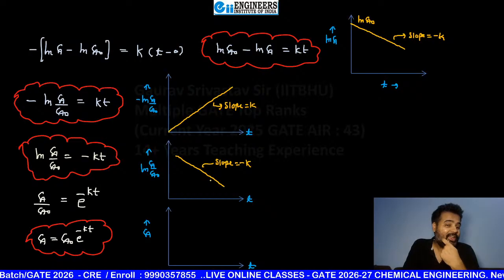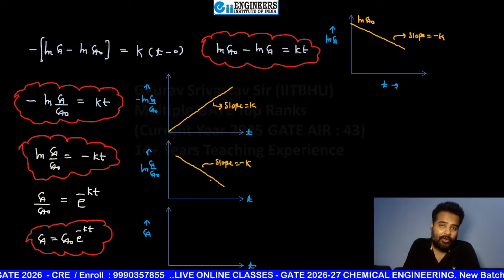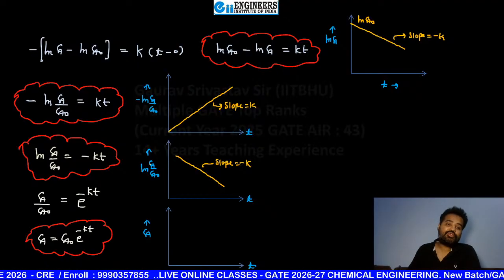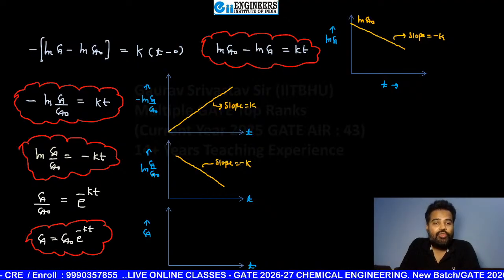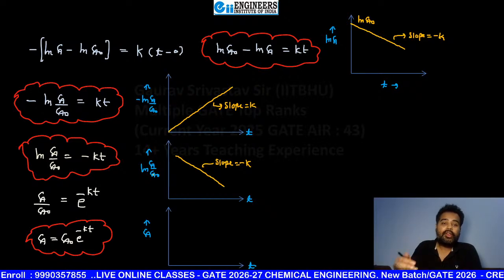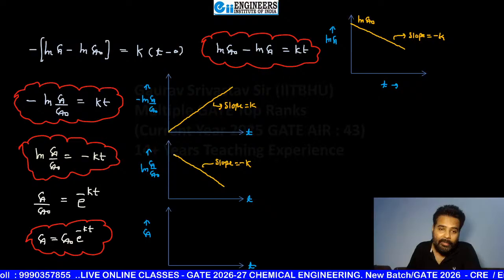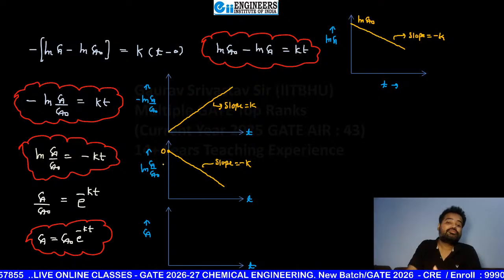Below x axis. Why? Because when time t is equal to 0, Ca is equal to Ca naught. And when Ca is equal to Ca naught, Ca naught by Ca naught will be 1. And ln of 1 value is 0. So here the starting point, if you are mentioning like this, then this point will show you 0.